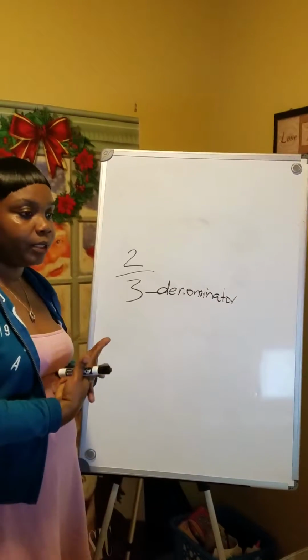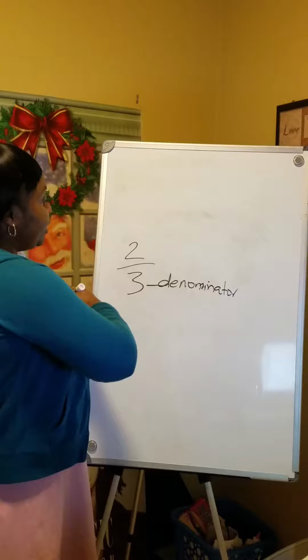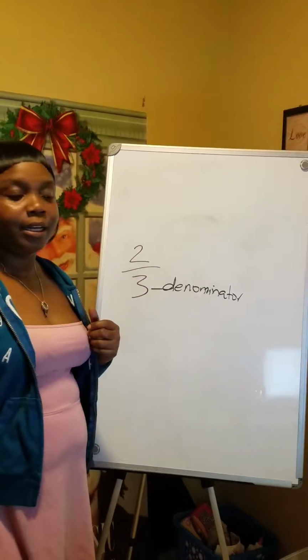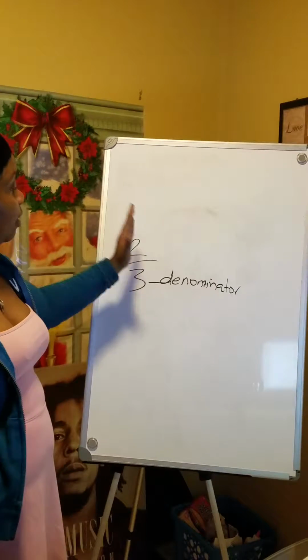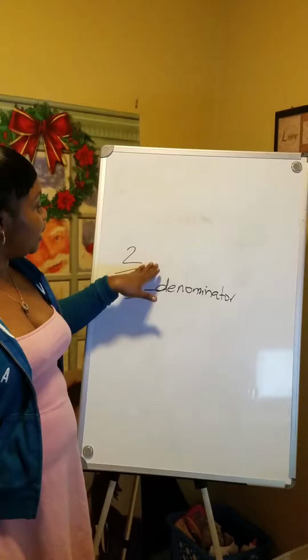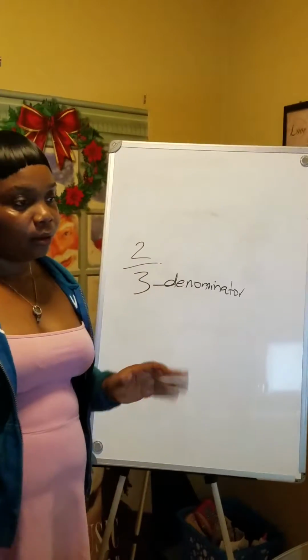Right? Yes. And the numerator, anybody? What's taken away? The numerator is the amount that is being referred to, so the amount that's been taken out of the whole. So good.